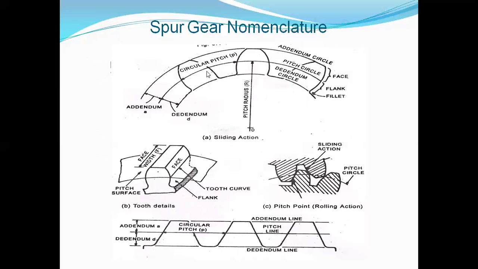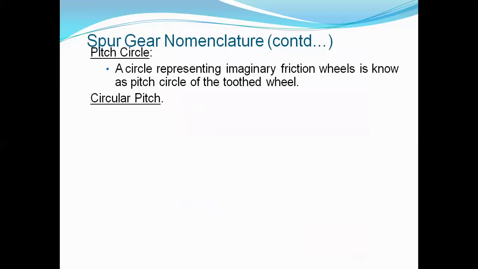The circular pitch is equal to the width of teeth. We can calculate this value by pi D by T, where D is the pitch circle diameter and T is the number of teeth.